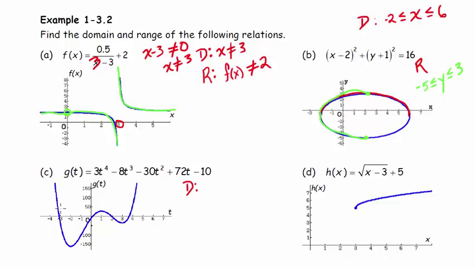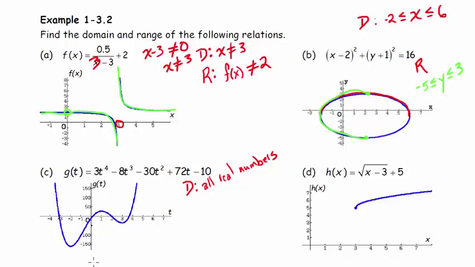Or if you look, if I go left to right, I can take on all values here. If I go to the left, I just get bigger and bigger and bigger. If I go to the right, I just get bigger and bigger and bigger. So this is all real numbers. It could be a whole number, integer, natural number, rational number, all real numbers, anything.